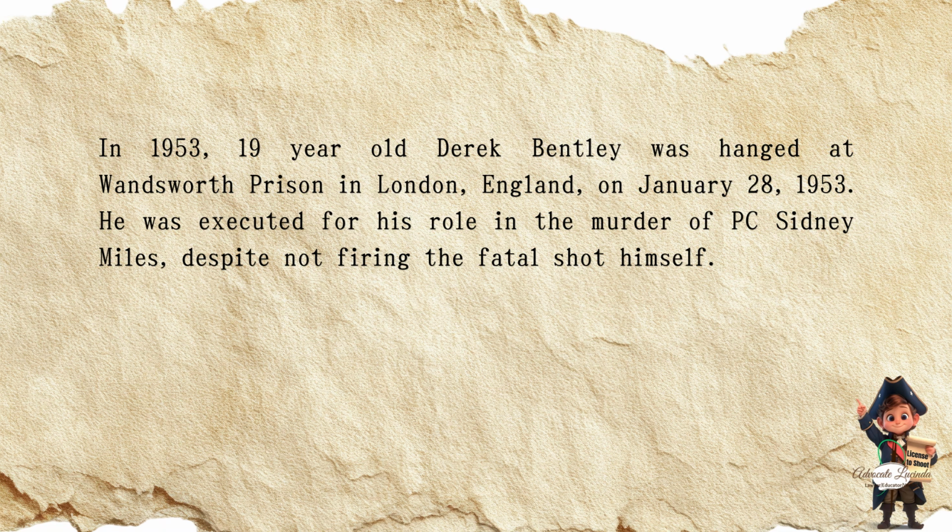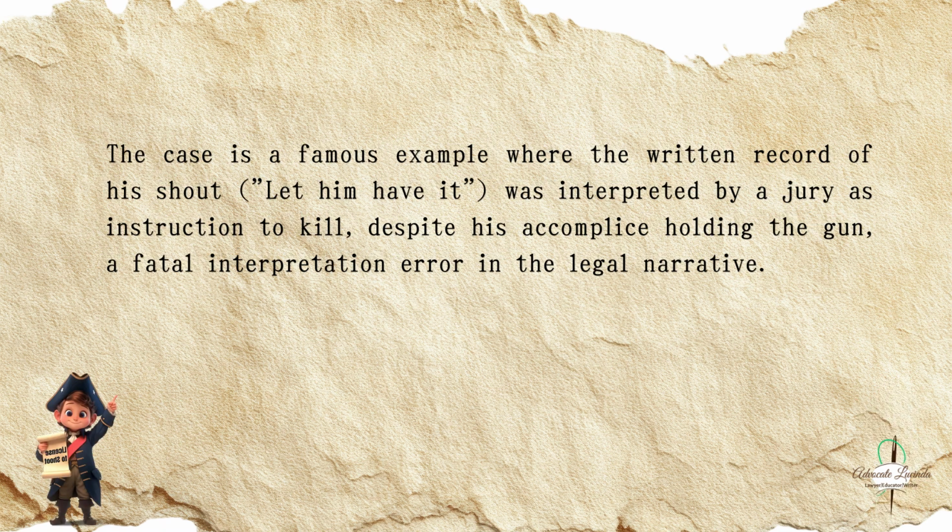He was executed for his role in the murder of P.C. Sidney Miles, despite not firing the fatal shot himself. This case is a famous example where the written record of Derek's shout, "Let 'em have it," was interpreted by a jury as instruction to kill, despite his accomplice holding the gun, a fatal interpretation error in the legal narrative.